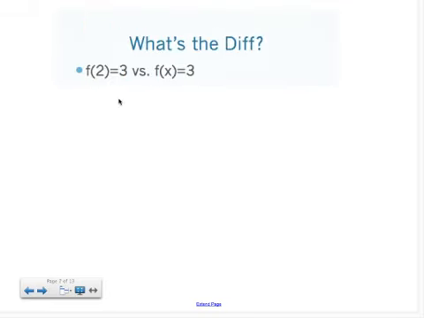Real quick slide here to talk about the difference between the symbols f of 2 equals 3 versus f of x equals 3. So let's talk about what these mean separately. This means the output of f when the input is 2 is 3.